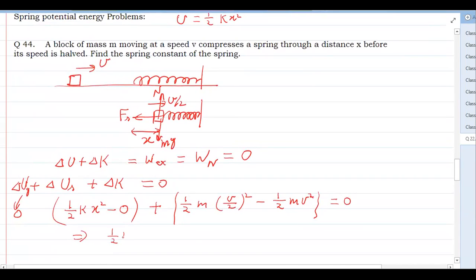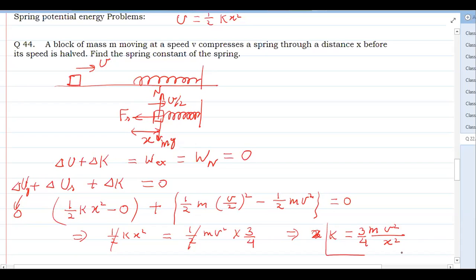So half kx square on this side, and on the other side half mv square times 3 by 4. So the half cancels, and k is equal to m v square by x square times 3 by 4.